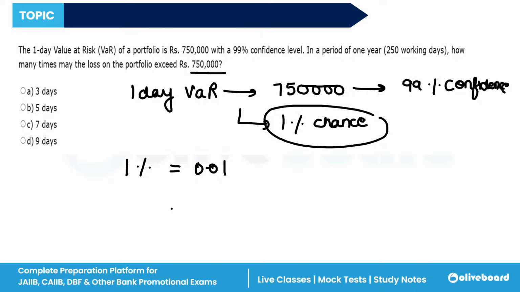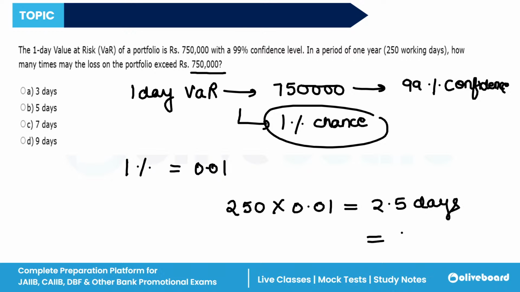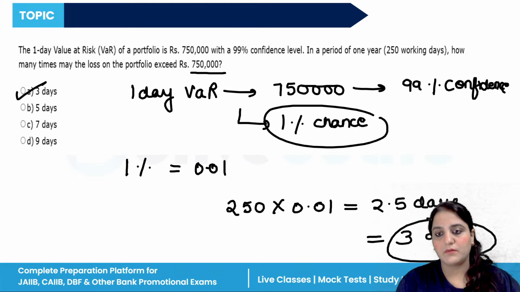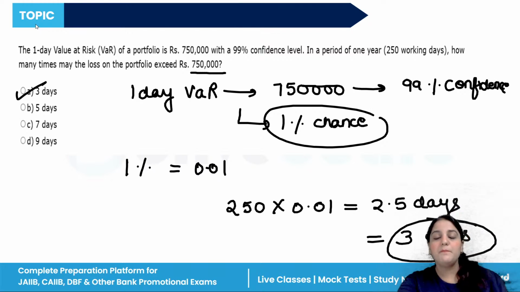So the expected number of days with loss exceeding 7,50,000 is 250 multiplied by 0.01, which is 2.5 days. So approximately that is equal to 3 days. So the correct answer is option A, that is 3 days. Simple.